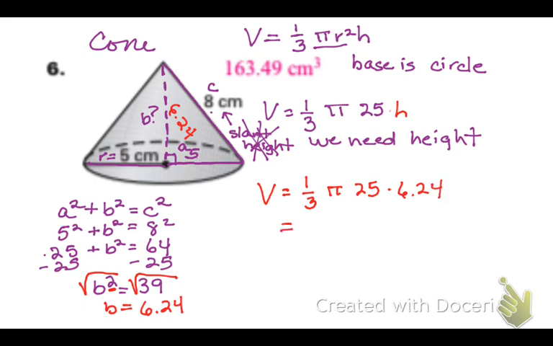So you calculate all that out, and I got 163.28. And again, I'm only off by these two numbers here, so that's totally okay. That's a rounding error with pi. And so there's our answer, 163.28 centimeters cubed.